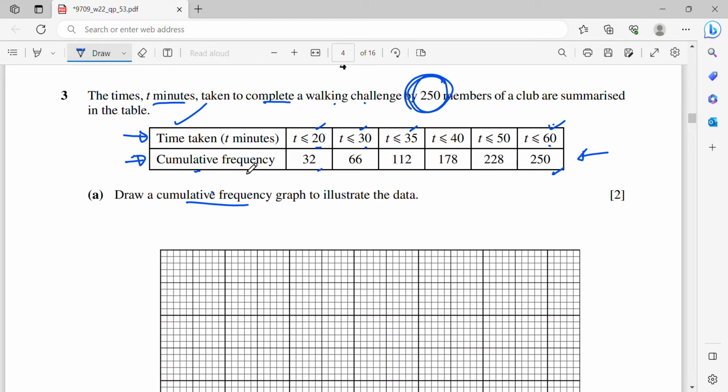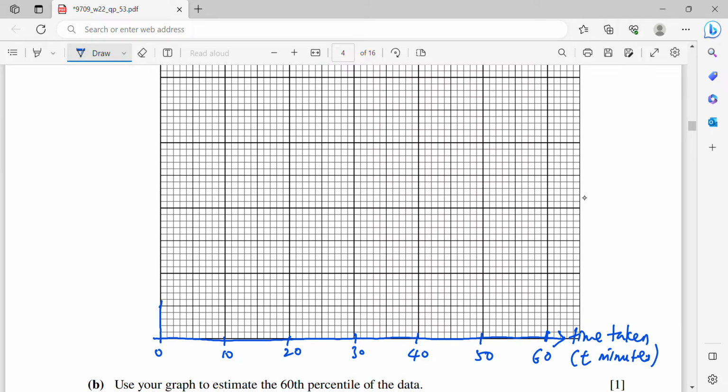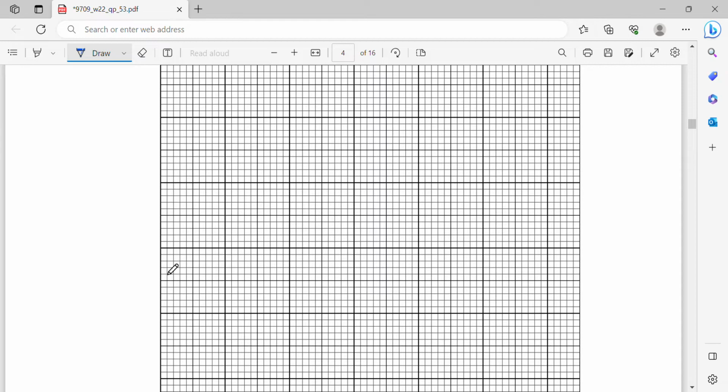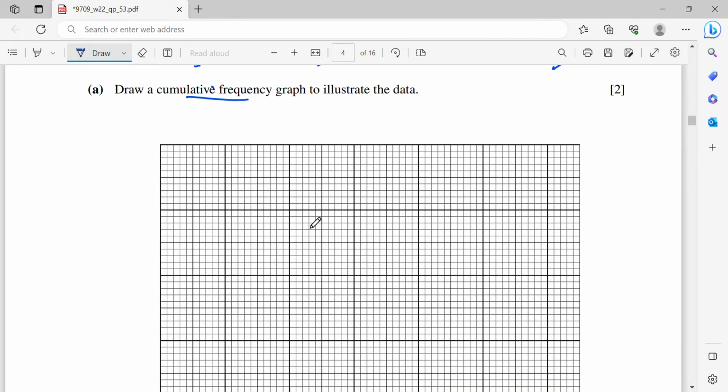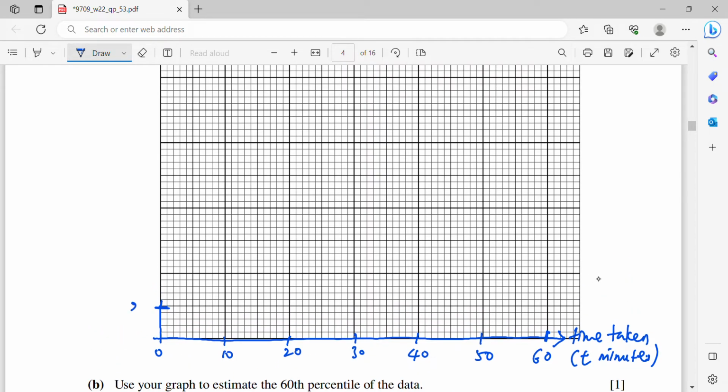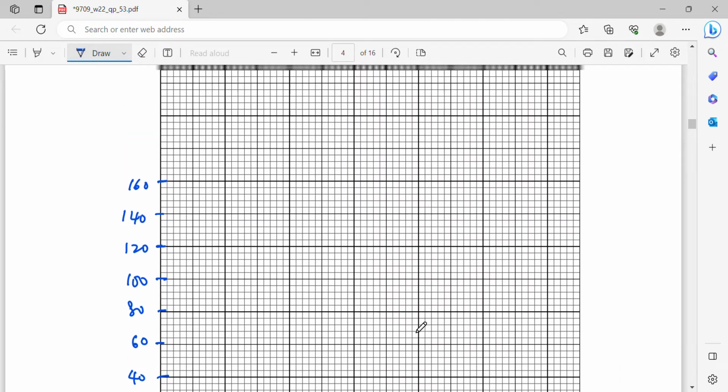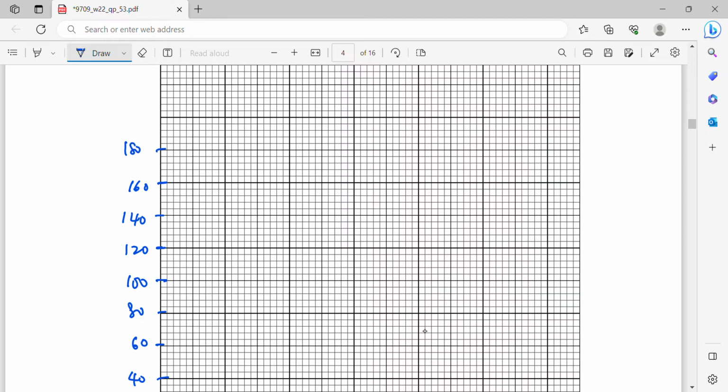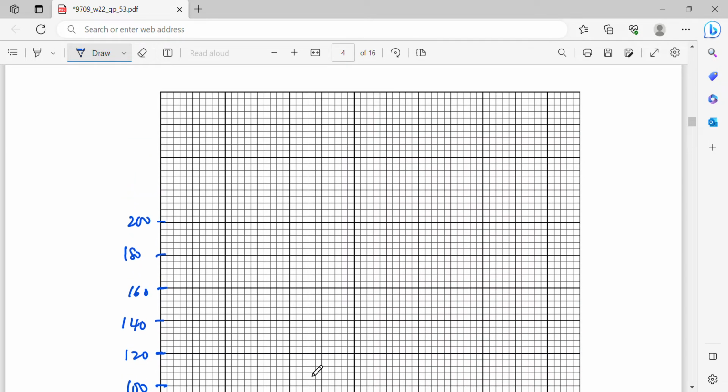Then the vertical axis is up to 250. Let me check first. Okay, 250, so probably here is 20, 40, 60, 80, 100, 120, 140, 160, 180, 200, 220, 240, 260.